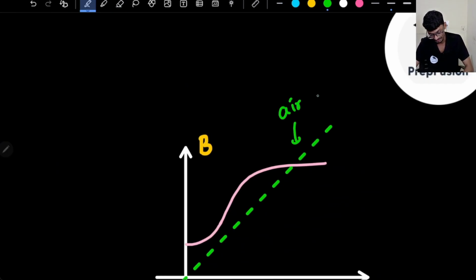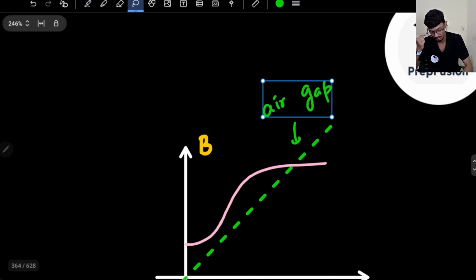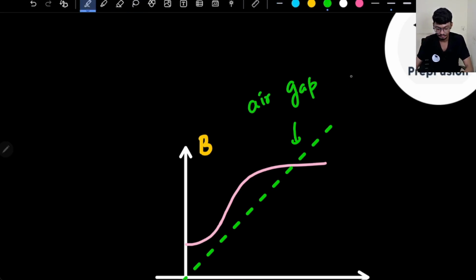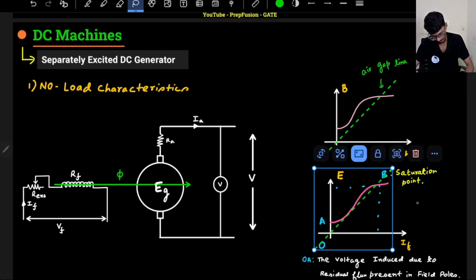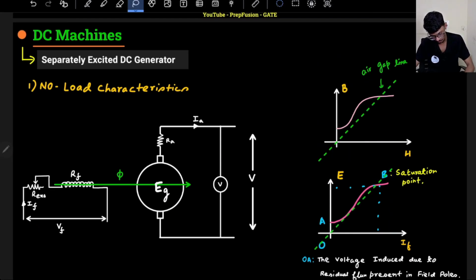But of course, air gap has high reluctance. Core does not have, but core will saturate faster. So this is known as the air gap line. This we also draw in the voltage characteristics as well. I hope you have understood this basic point.